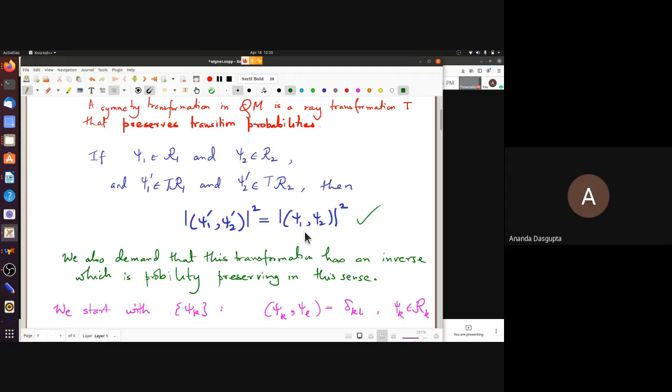I hope everybody is familiar with this notation, psi1 comma psi2, for the inner product. Yes? Yes, sir.